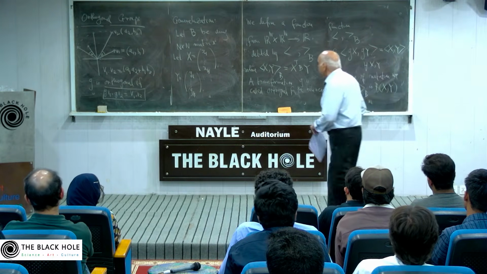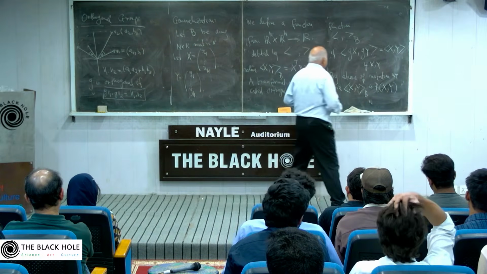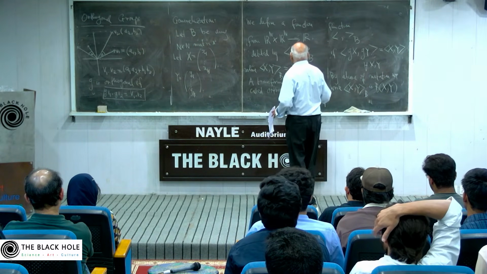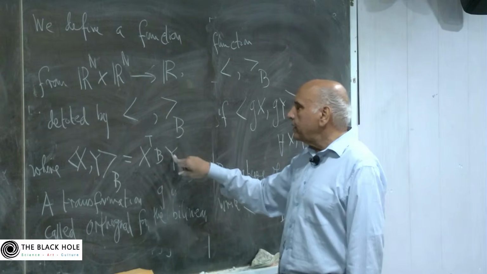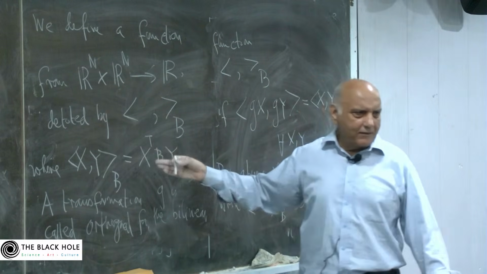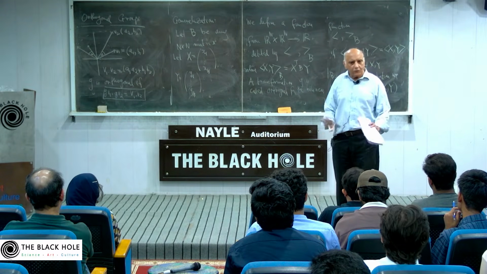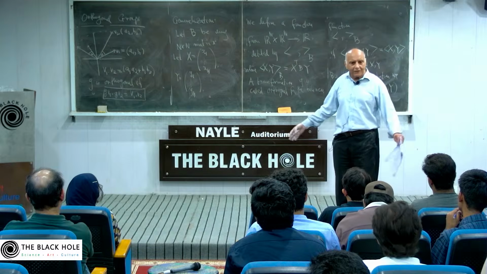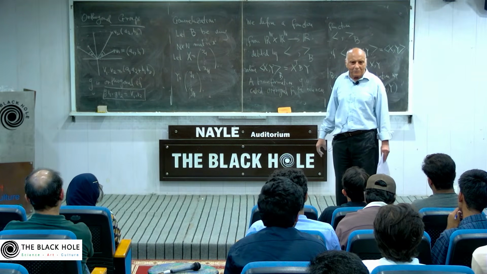So you can define a Hermitian inner product here by writing X transpose B Y conjugate, or maybe it is X conjugate here. Then you can define your unitary groups and so on exactly in the same way. There is nothing mysterious about SU2. Mathematically it is something very simple.